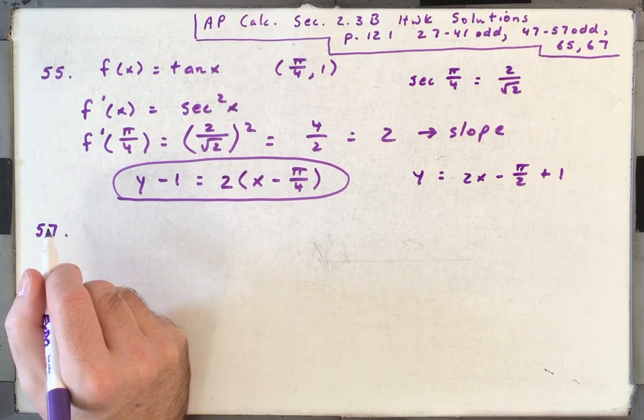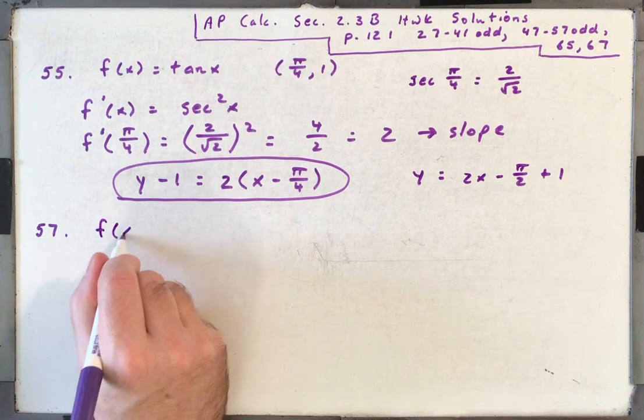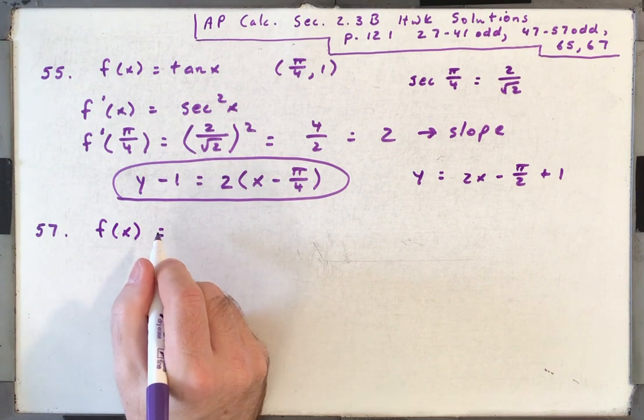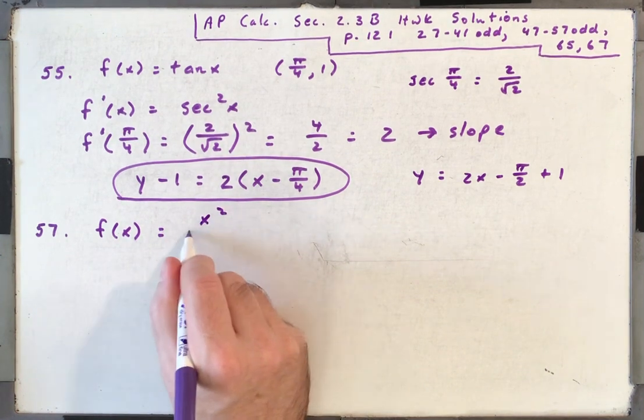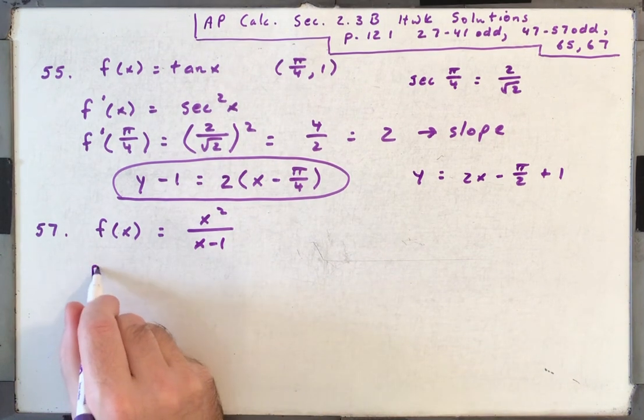We want to determine at which point we have a horizontal tangent. Okay, very good problem. f of x is equal to x squared over (x minus 1). We know we have to get the derivative.